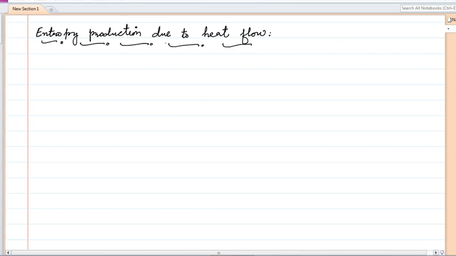As we already know, entropy is not a conserved quantity like energy, which is conserved, but entropy is not a conserved quantity.